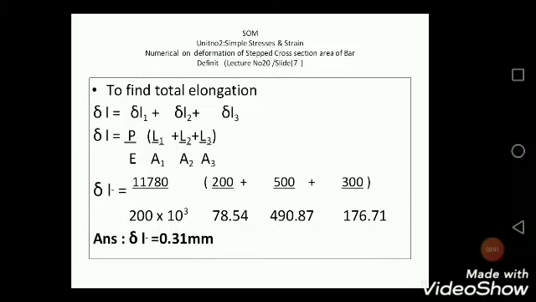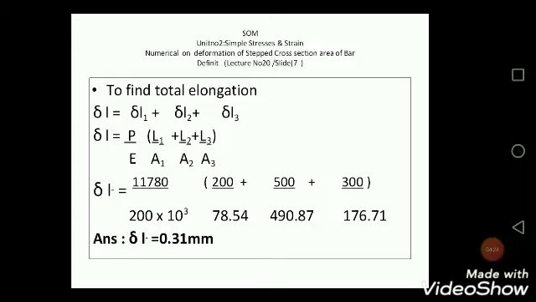Next, now that we have found P, we need to find total elongation. Total elongation delta L for the complete bar is equal to delta L1 plus delta L2 plus delta L3. Formula same, delta L is equal to P divided by E in bracket L1 divided by A1 plus L2 divided by A2 plus L3 divided by A3.